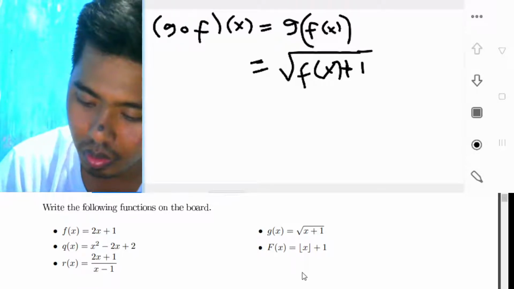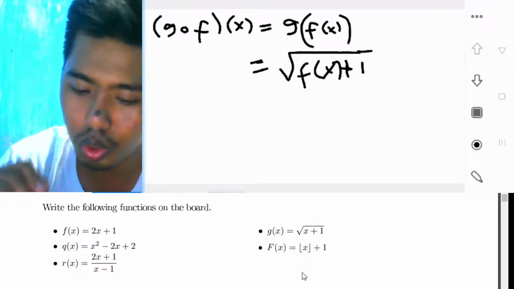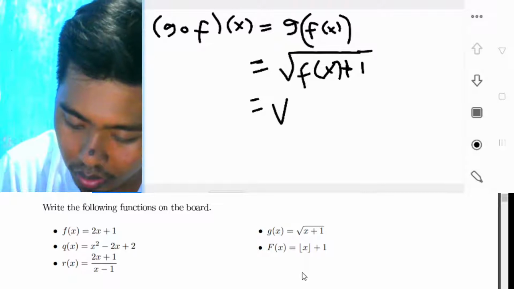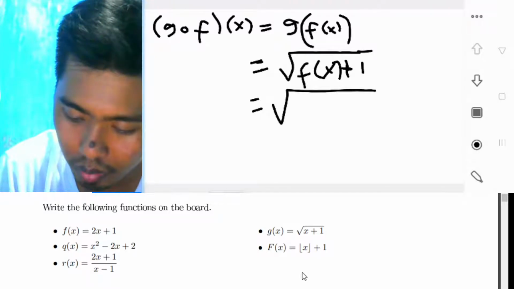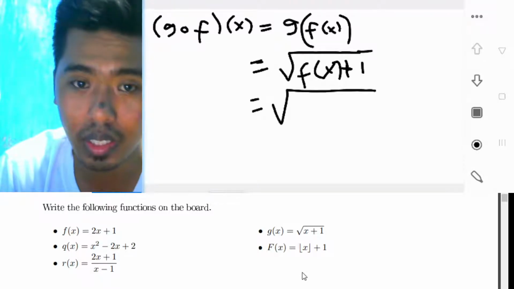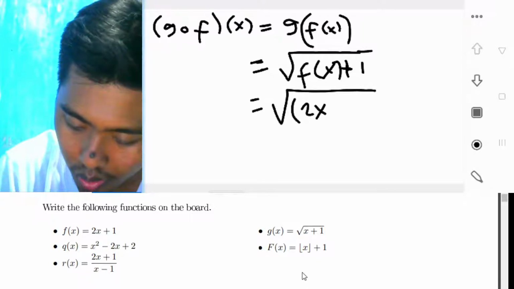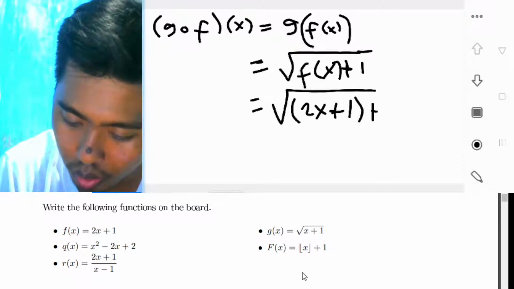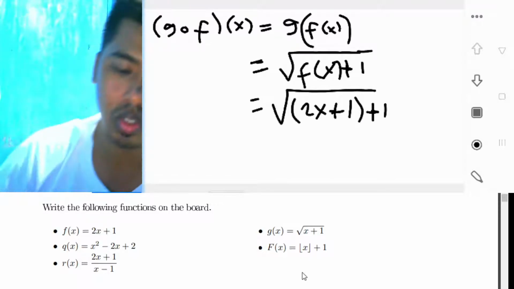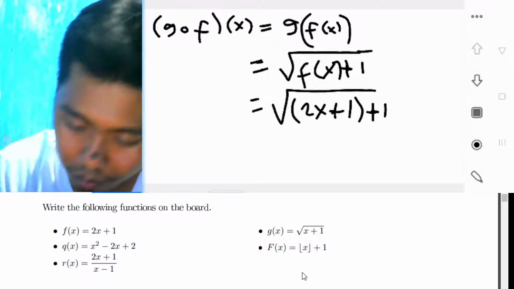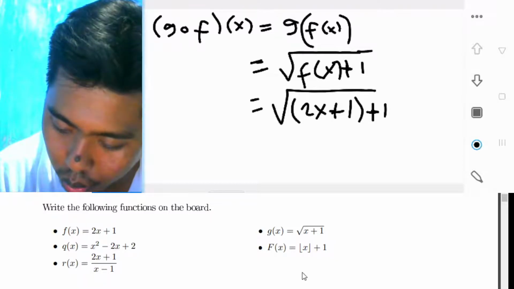Now after that we're going to substitute the value of f of x. The f of x is 2x plus 1. So 2x plus 1, then plus 1. Now we're going to simplify.